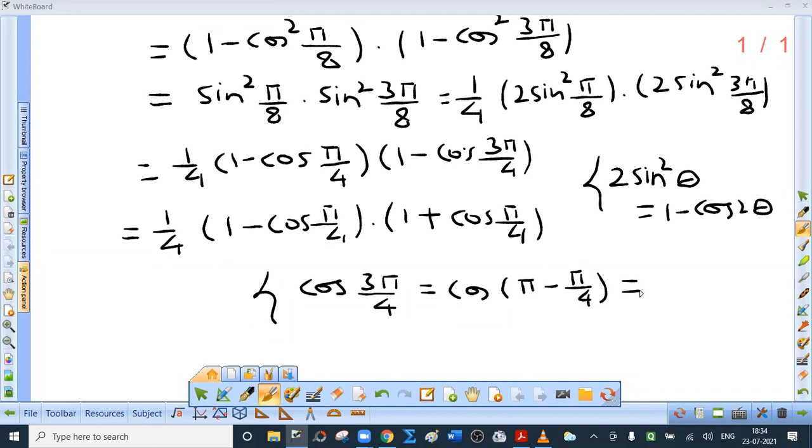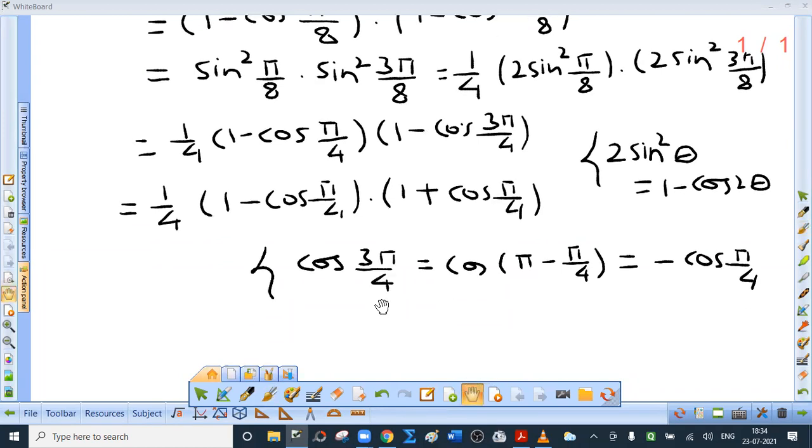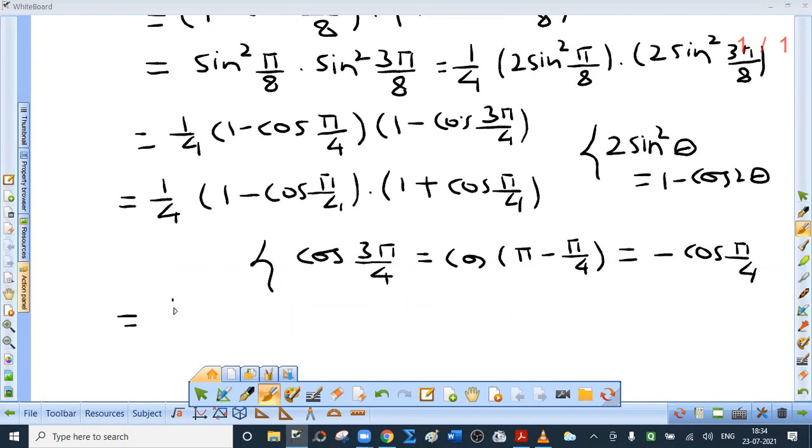What is cos of 180 minus theta? Minus cos theta. But already minus is there, and that is why I have directly written 1 plus cos pi by 4. Now 1 minus cos pi by 4 into 1 plus cos pi by 4 is nothing but 1 minus cos square pi by 4.